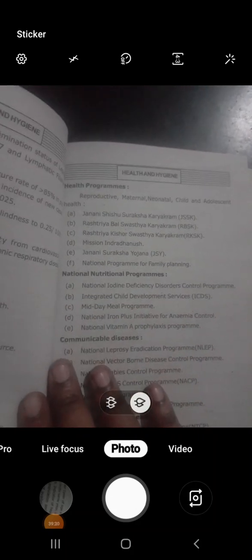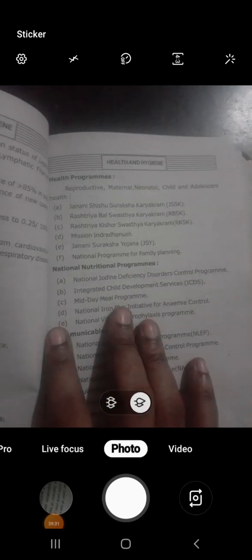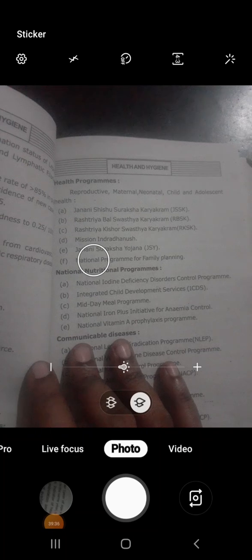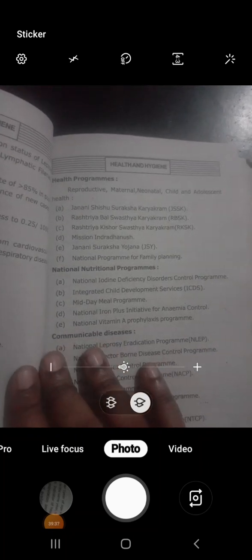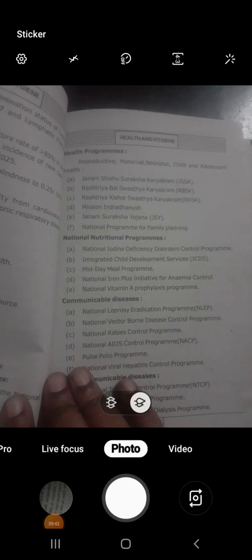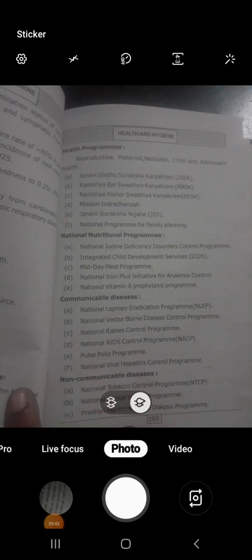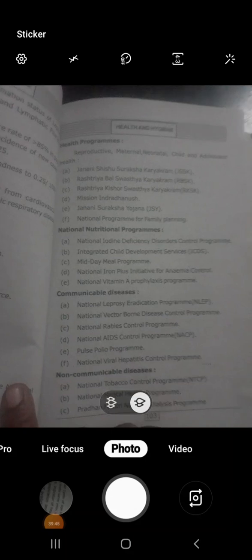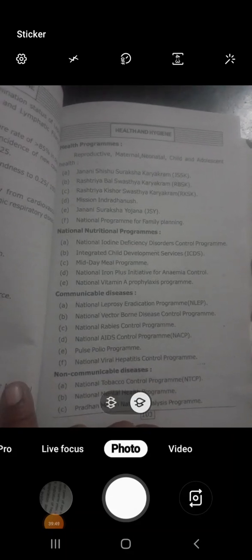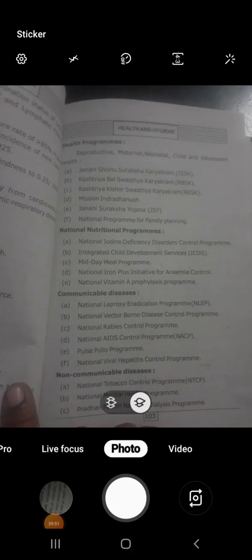National nutritional programs are nothing but iodine deficiency disorders, child development services, midday meal program, nutritional iron plus initiative, and vitamin A. So these all will come under the nutritional programs. Communicable diseases are the leprosy eradication program, vector borne diseases, rabies control program, AIDS control, pulse polio, and viral hepatitis.